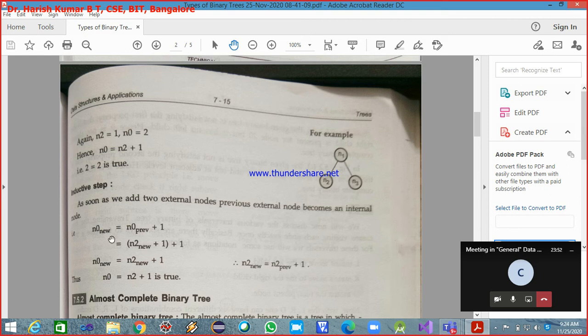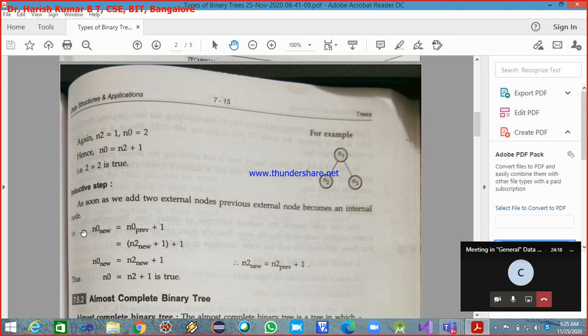Yes, sir. Okay. Now N0 is what? N0 is the total number of external nodes or the leaf nodes. Now after I add two external nodes N2 and N3, this N1 has become the previous external node, or else I can also call it the internal node.